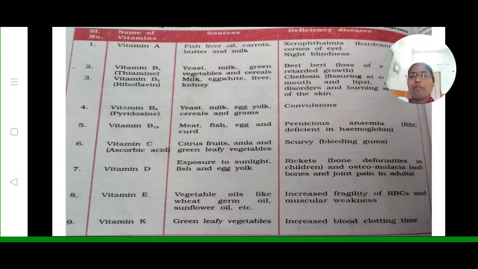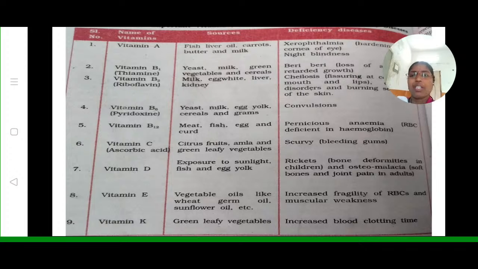Rickets means bone deformities in children. In adults, it is osteomalacia, meaning soft bones and joint pains in adults. So rickets and osteomalacia are the deficiencies of vitamin D. Rickets is present in children, osteomalacia in adults.